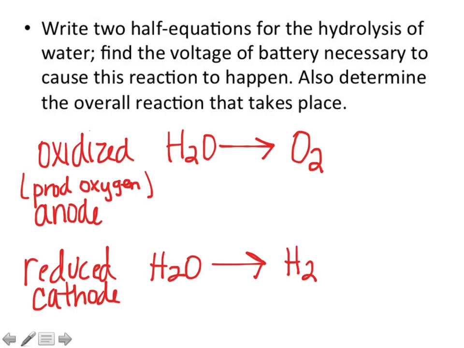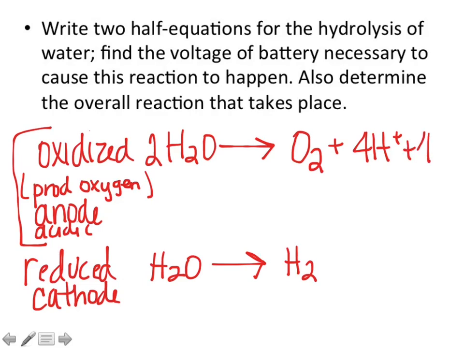So to balance it, we need 4 H's over here, which means what type of solution is that area going to be if we have H plus over there? Acidic. So it is an acidic solution. So if you can remember, oxidized, anode, acidic, they are all vowels. And we have 4 electrons.